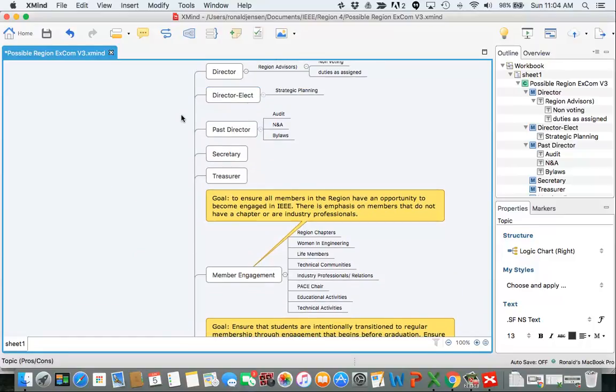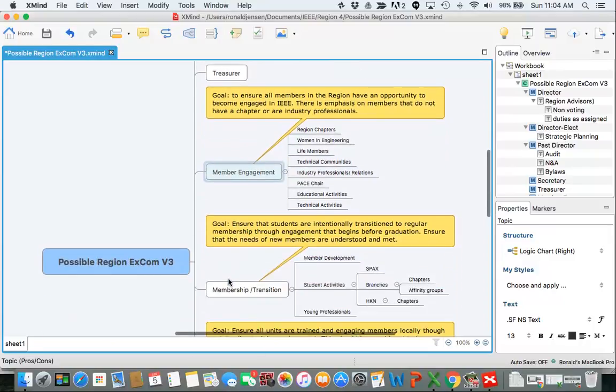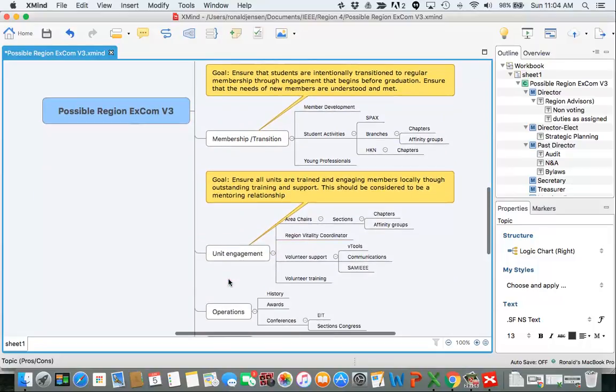A lot of the positions over here, in region chapters and so on, are pretty much written already, and we would just be clarifying how they fit into a team. What would be new are the positions of member engagement, membership transition, and unit engagement, so we would be pulling together a job description for those. That would be the next step.